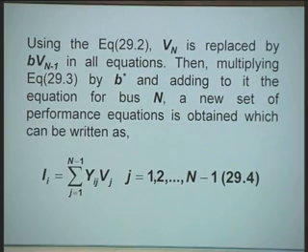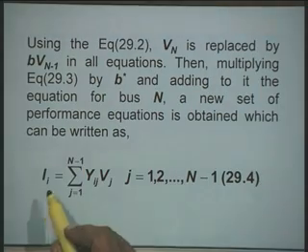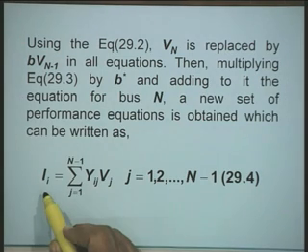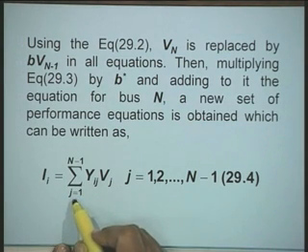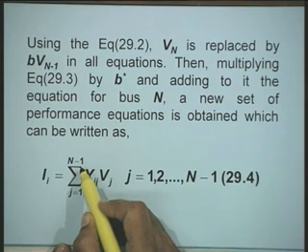we get now the reduced network. It has now n minus 1 buses, okay, and therefore I can write down the equation of the reduced network model as I i equal to sum of Y ij V j, j varying from 1 to n minus 1.